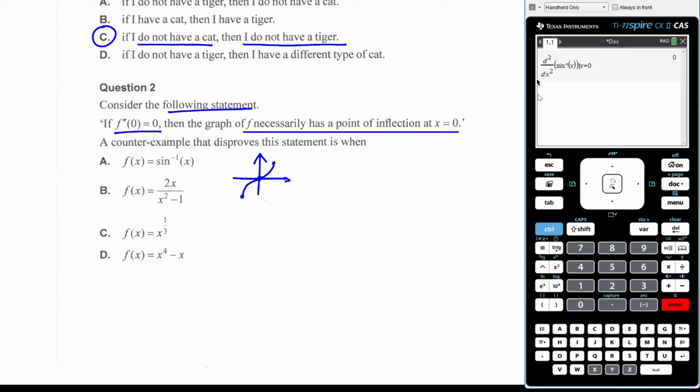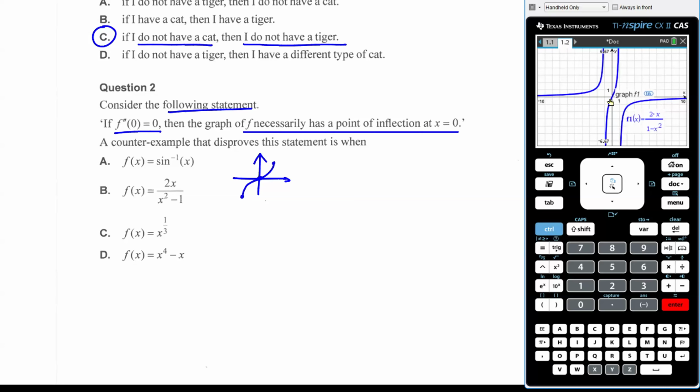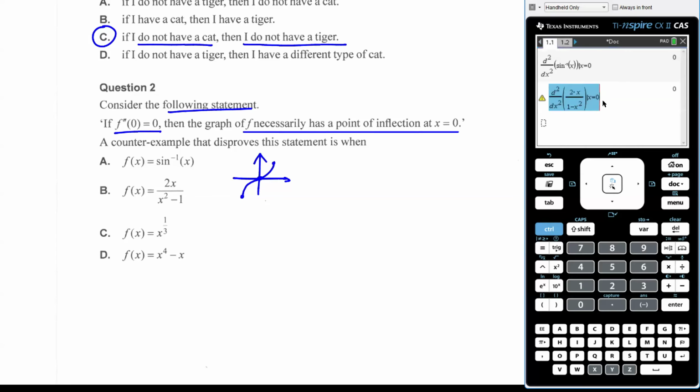And if you look at the second graph, we'll have a look at the second derivative of this rational function, 2x minus x squared. It's 0. And if we draw the graph, yeah, it does have a point of inflection here. Okay.